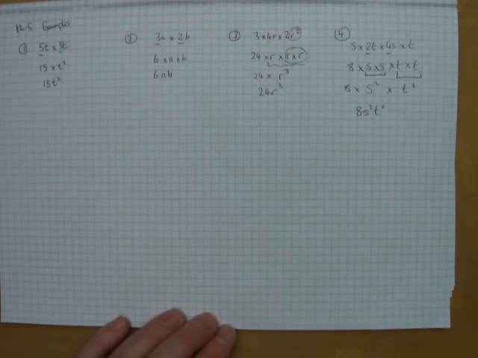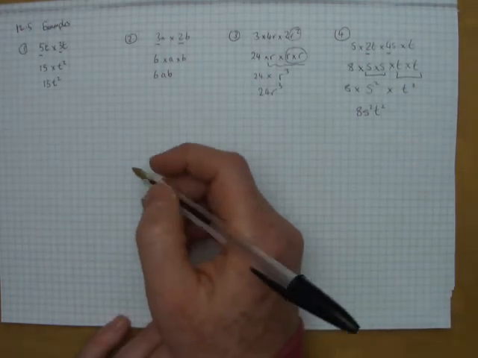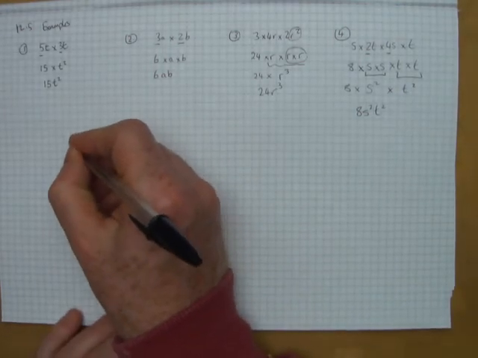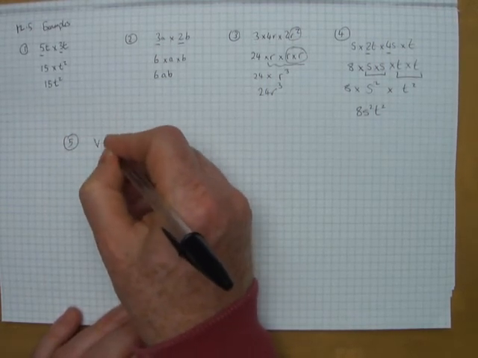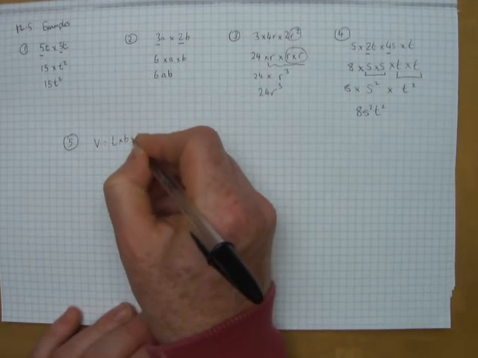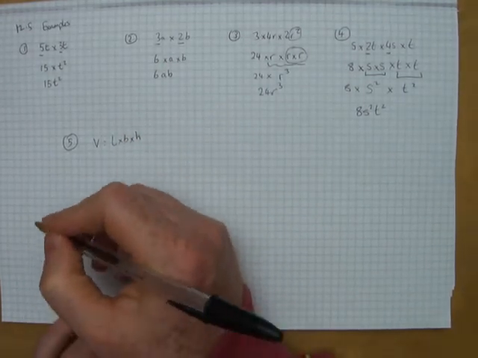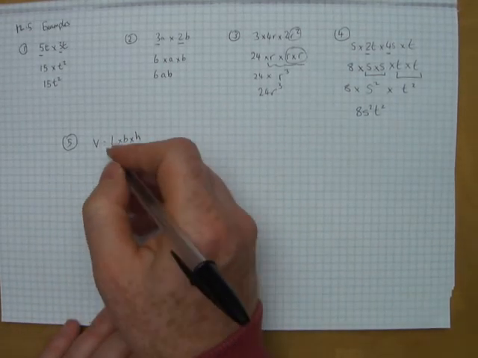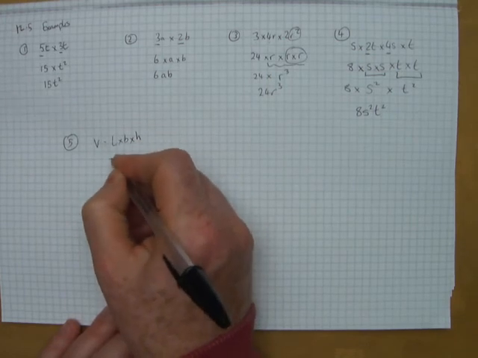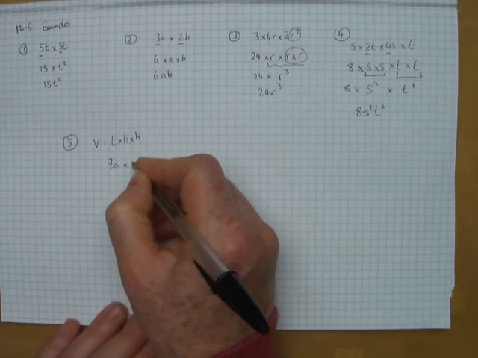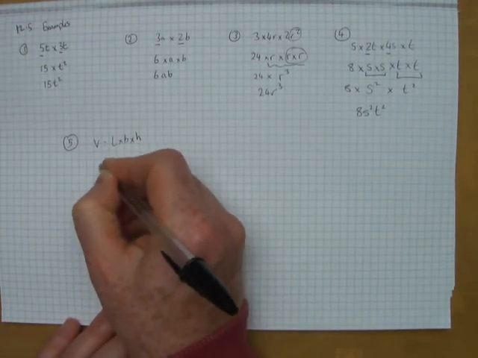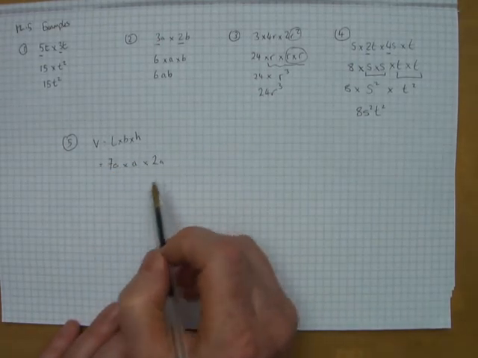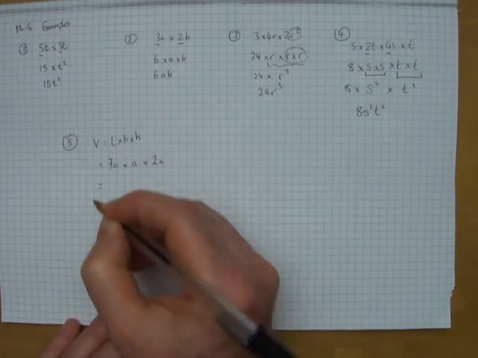The last example of this exercise, 12.5, is the volume. The volume of a cuboid, we should know, is length times breadth times height. The length is 7a, the breadth is a, and the height is 2a. Now I know the example maybe has the terms differently in the notes, but the order doesn't really matter.